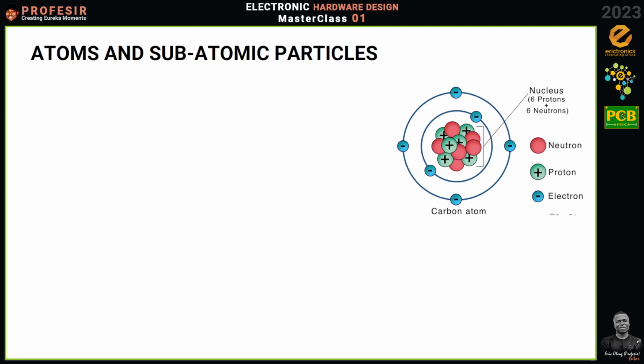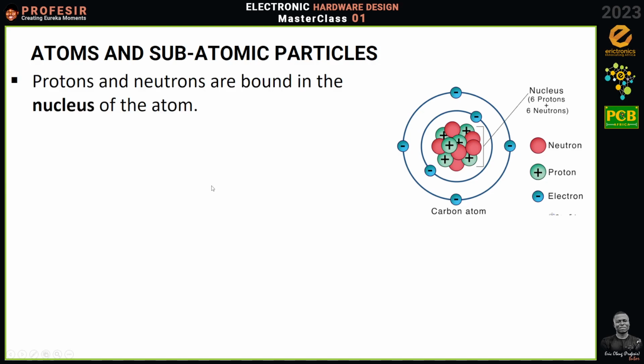Take note that this is just a model, a way to give you a mental picture of what is happening there. The protons and the neutrons are actually bound within the nucleus. Take this carefully: the protons don't move.